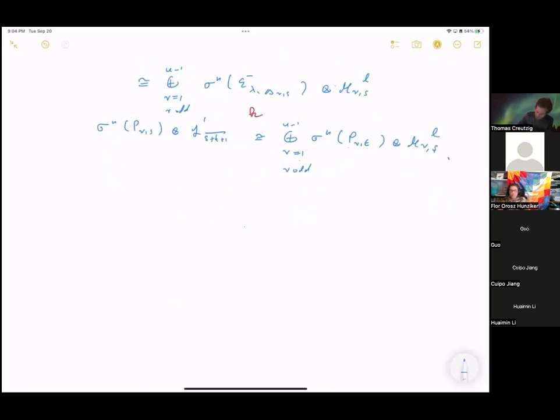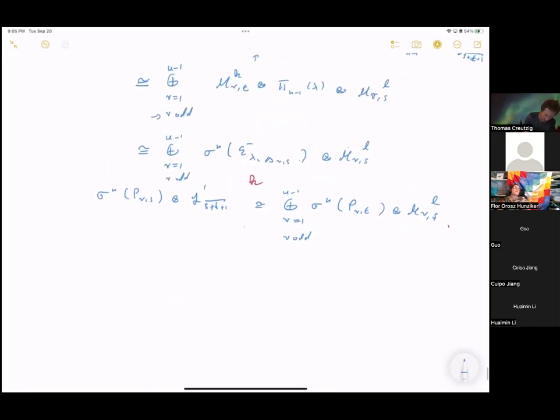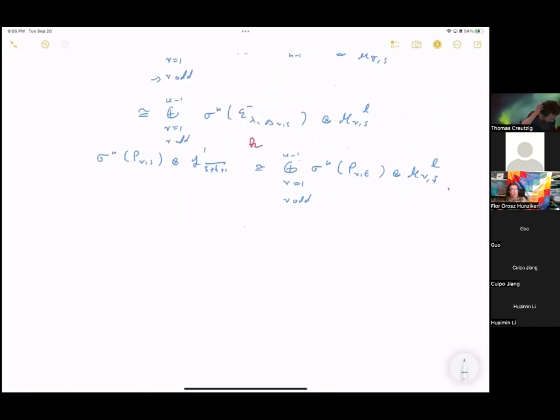Okay, so now I'm claiming that I get some fusion rules from this decomposition. So why is that? Let's think about it. I want to do a similar trick as before, but I can't use these categorical methods because I don't know any fusion rules of SL2 yet, except the ones for the ordinary modules.